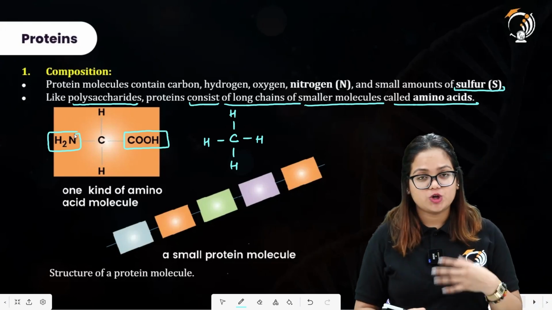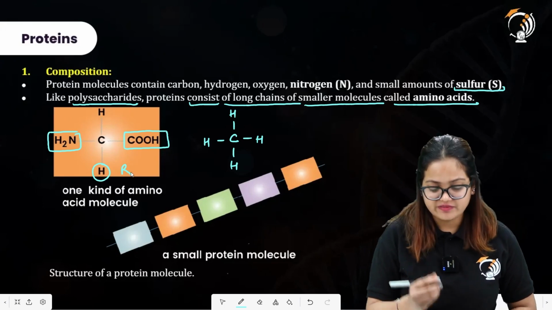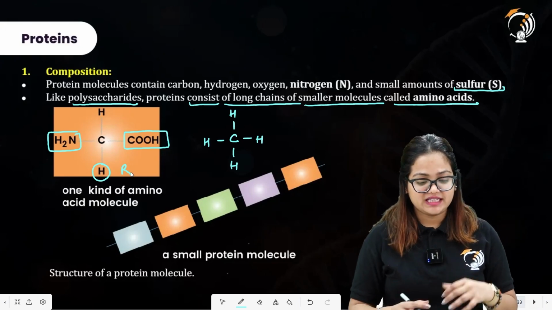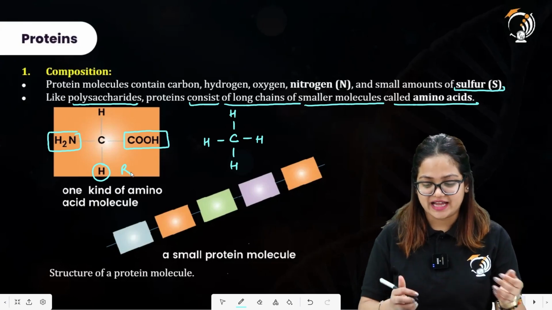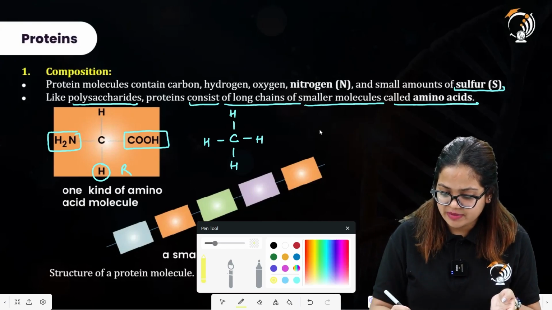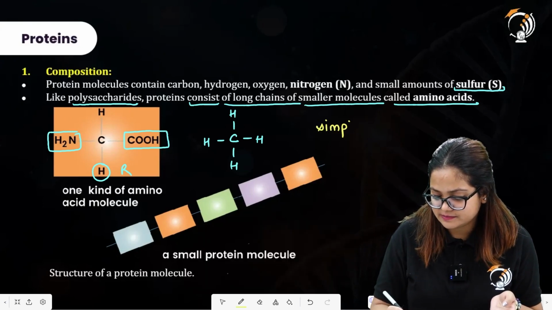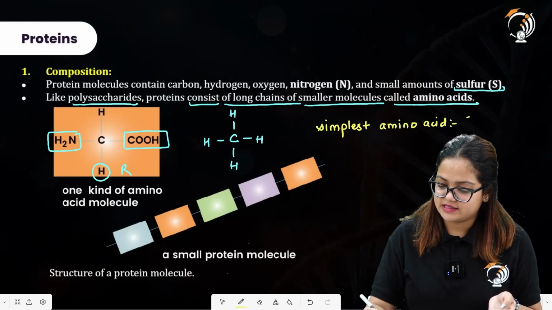There is also an R group. Whenever we substitute H in place of this R group, we get the amino acid that is glycine. So you can also remember that the simplest amino acid is glycine.